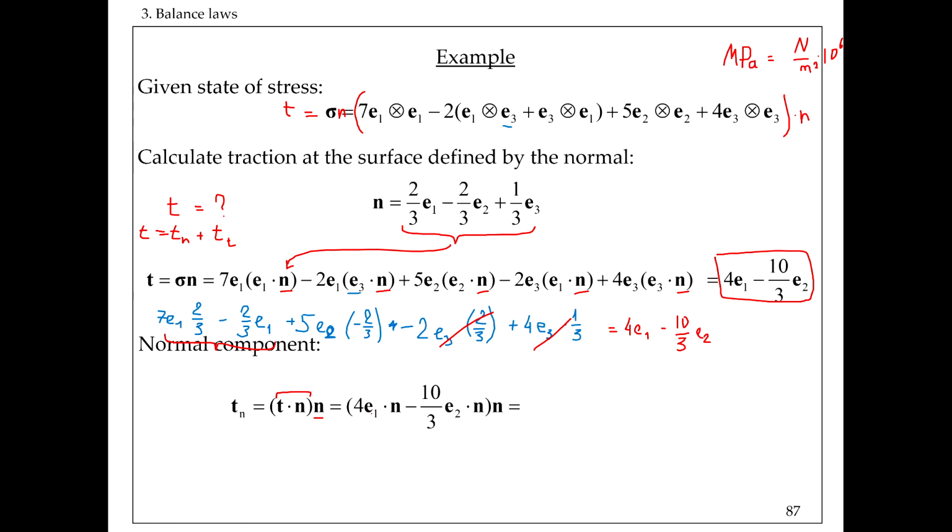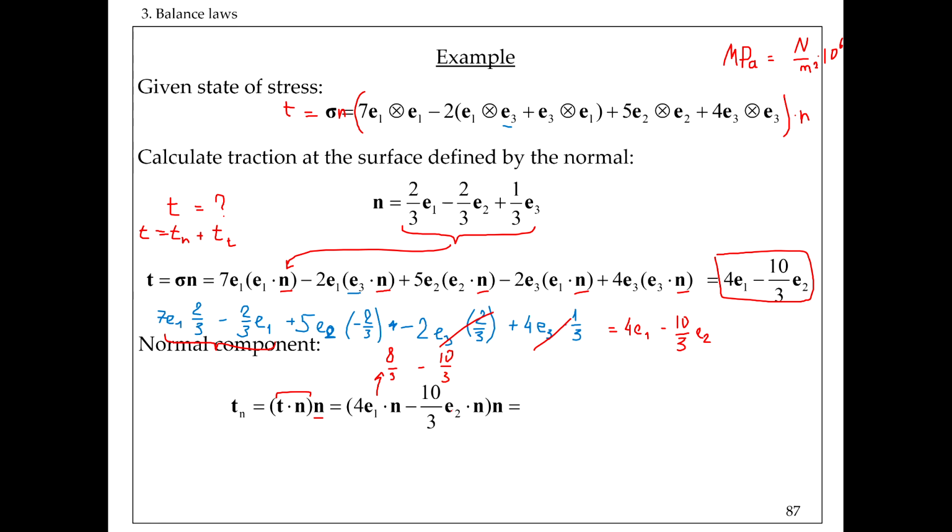Okay, so first to multiply the first component of 4e1 with n, and here we see that what we will have is 8 thirds. That's exactly e1 multiplied by e1, the others don't contribute because they're 0, and the second part will be minus 10 thirds.